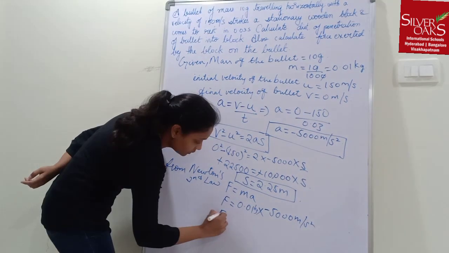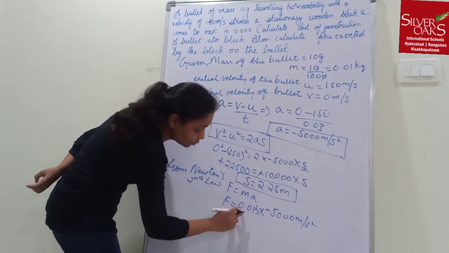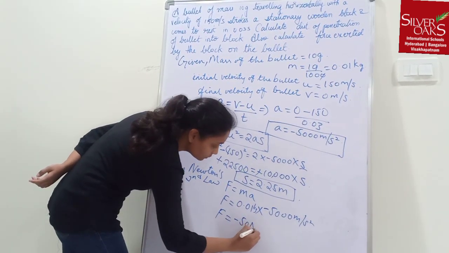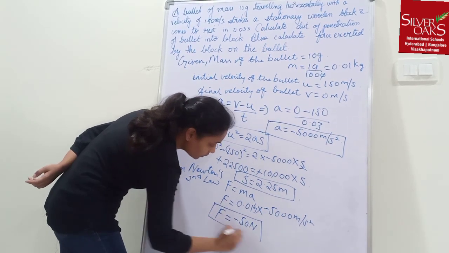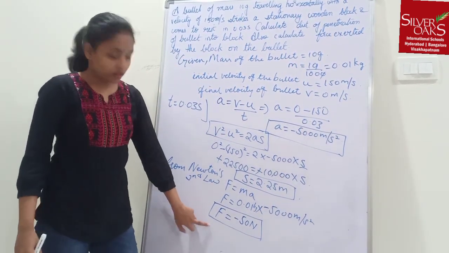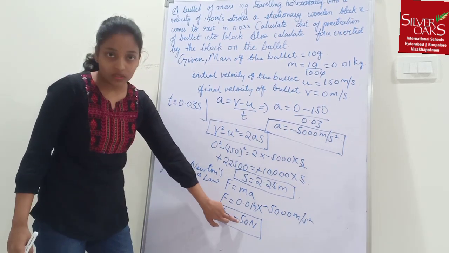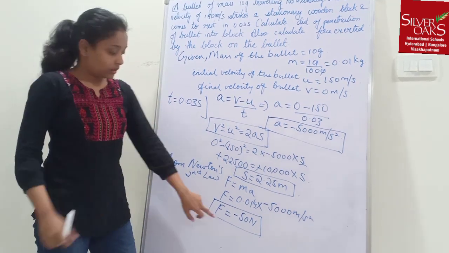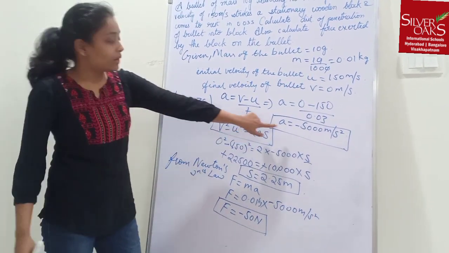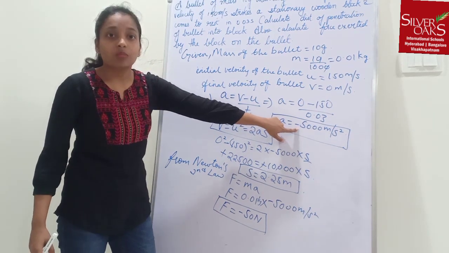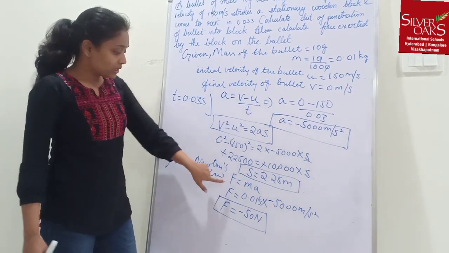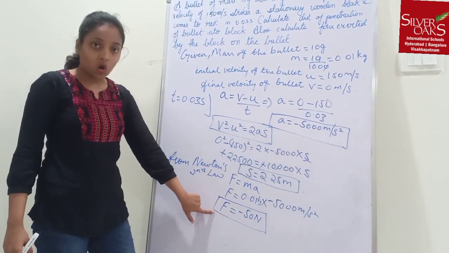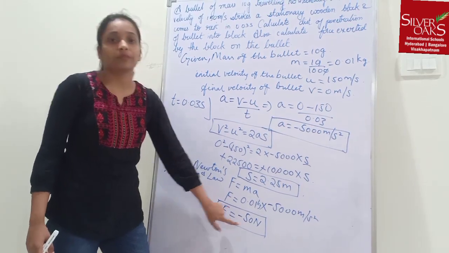So force will be 0.01 into minus 5000, which is minus 50 Newton. Here the negative sign indicates that the force is a reaction force, that is, the force exerted by the wooden block back on the bullet. Hence the negative sign. So the distance of penetration of the bullet is 2.25 meters and the force exerted by the block on the bullet is minus 50 Newton.